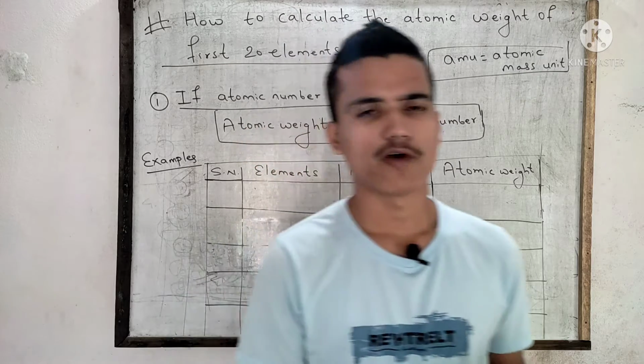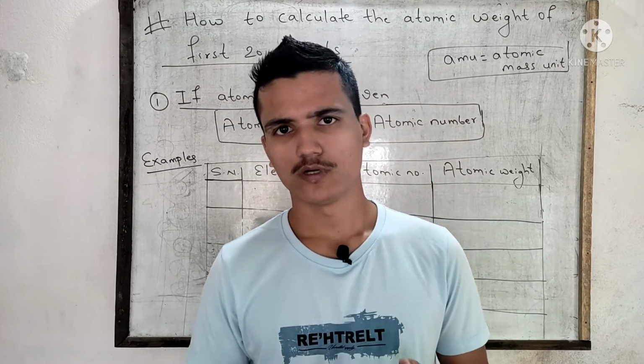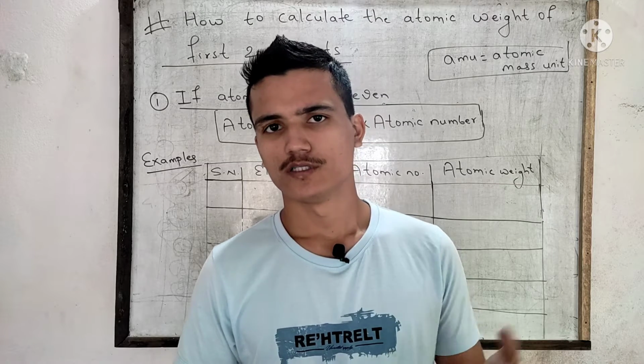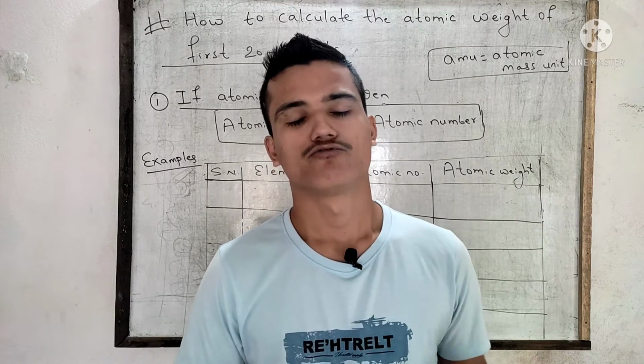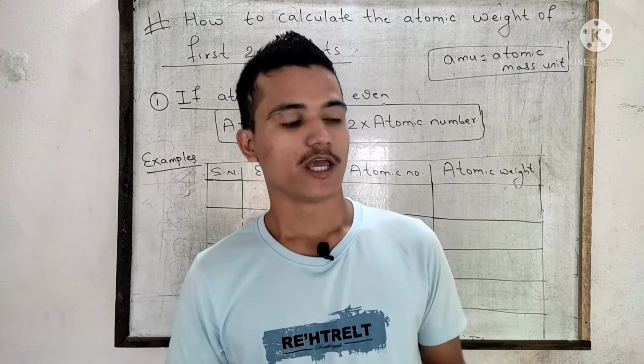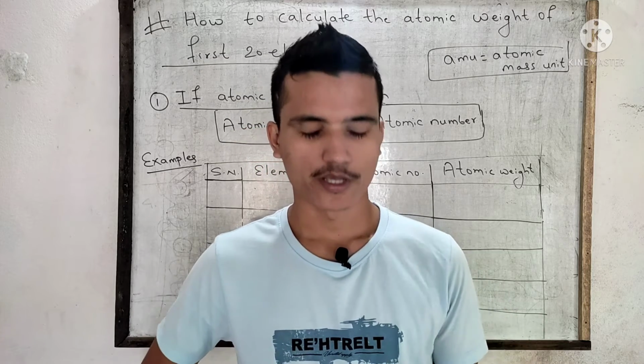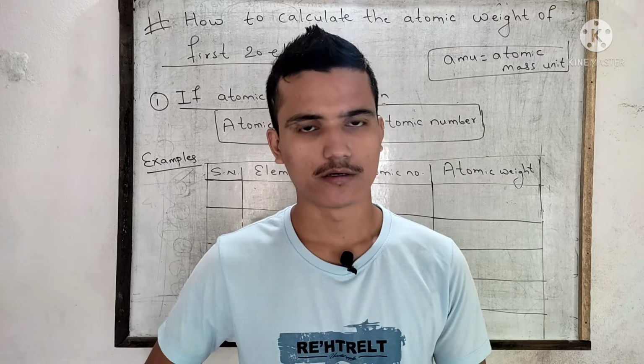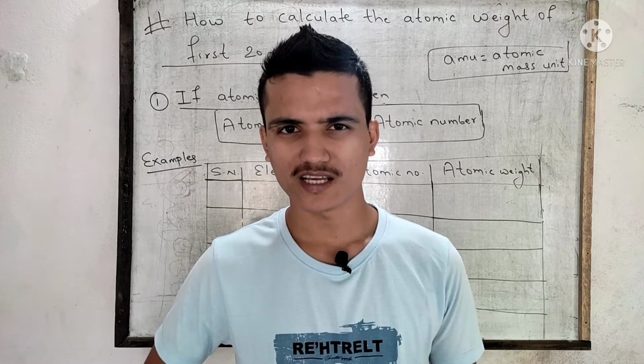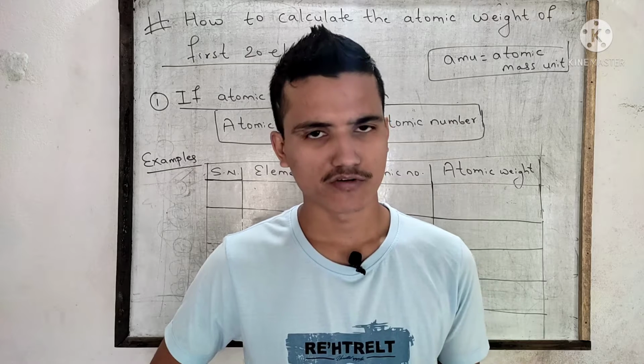the atomic number of hydrogen is 1, helium 2, lithium 3, beryllium 4, similarly up to calcium, which is 20. Among them, the atomic number can either be even or odd.